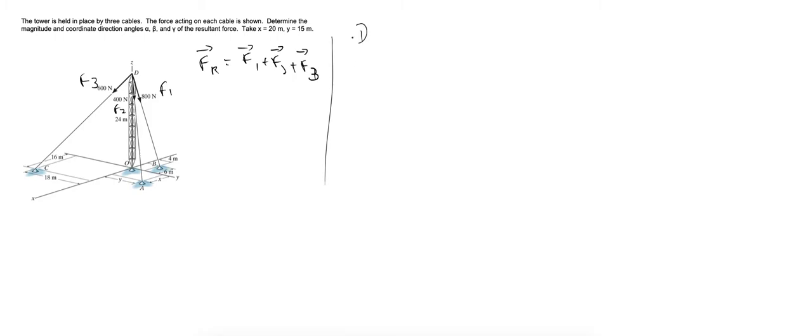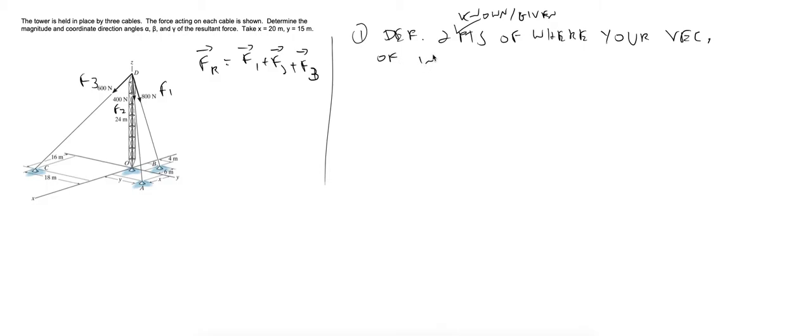The first step is you have to define two points, two known or given points, where your vector of interest crosses.